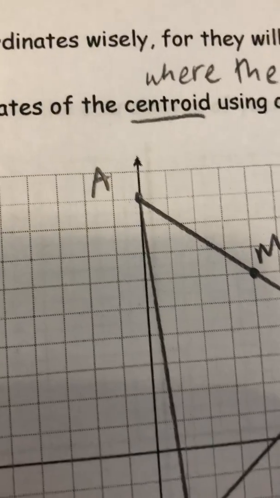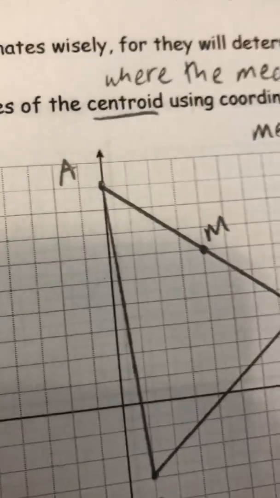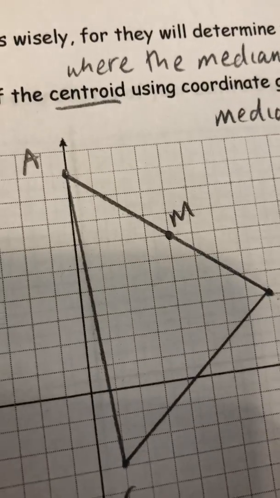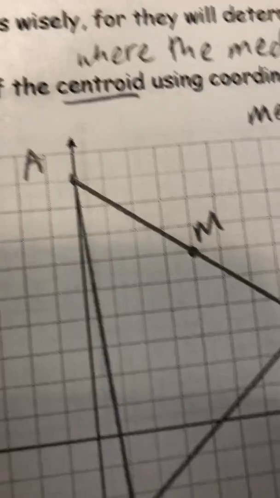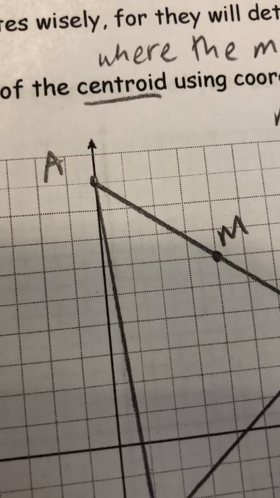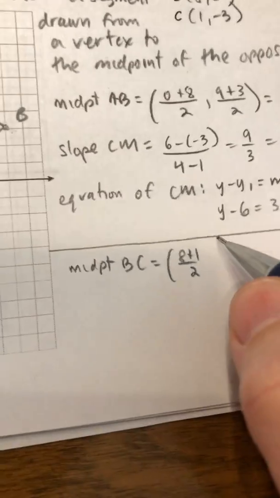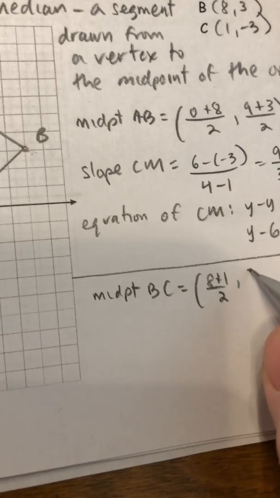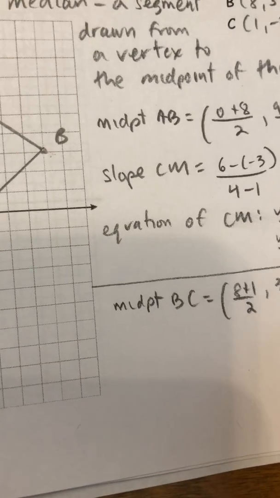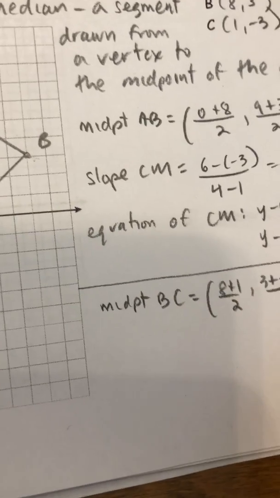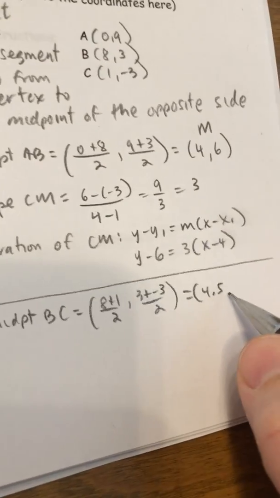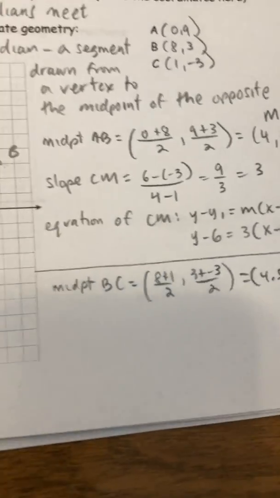So I'm going to do the midpoint of BC, which is (8 plus 1) over 2, and (3 plus negative 3) over 2, which gives us 4.5, comma, 0.